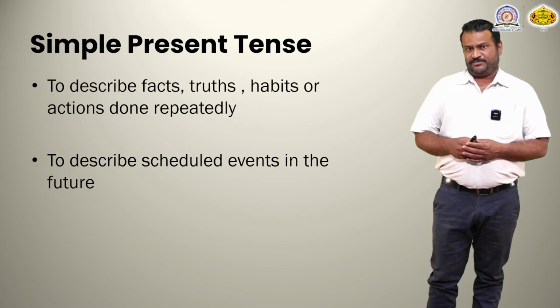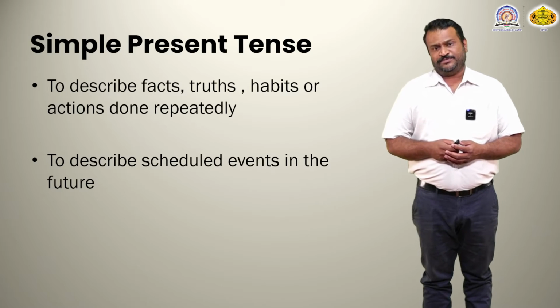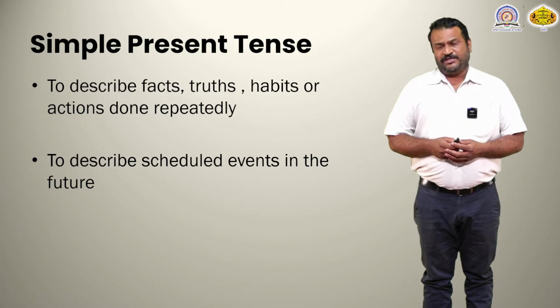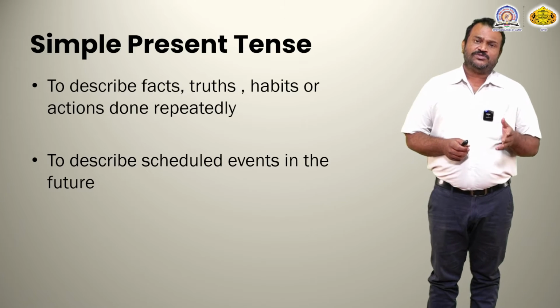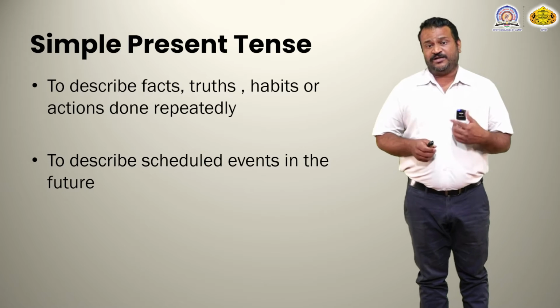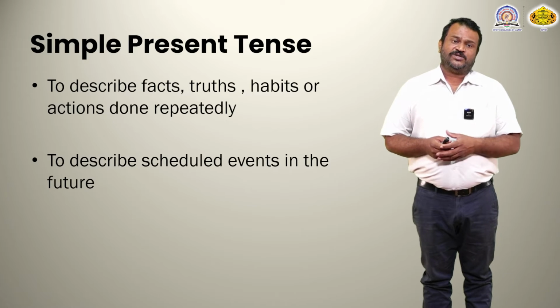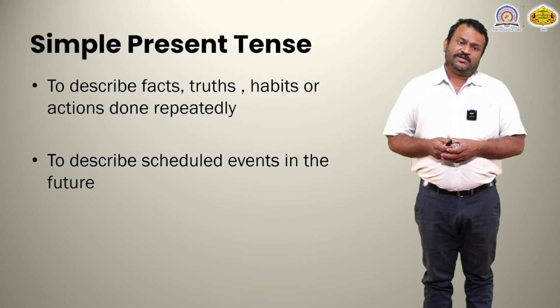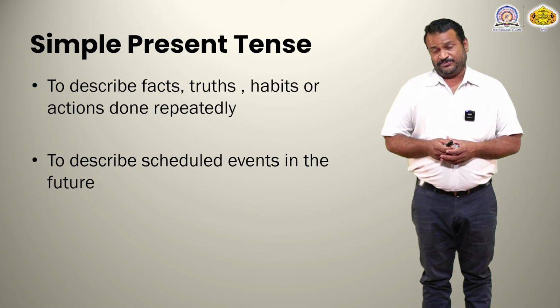The first tense which we are going to practice today is simple present tense. Simple present tense is used to describe facts, truths, habits, or the actions that are done repeatedly. Simple present tense also talks about the scheduled events in the future also.